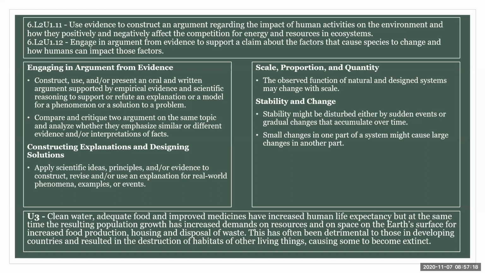Our using science comes back to clean water, adequate food, and improved medicines have increased human life expectancy. But at this time, population growth has increased demands on resources. So we're talking about how human impact has impacted the environment in this case.